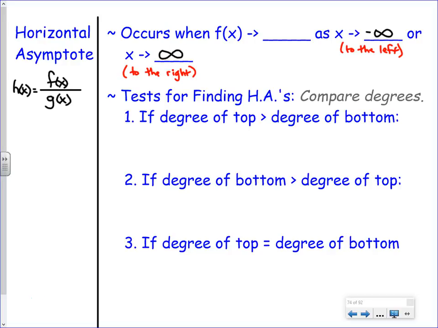What's different in the graph you guys just saw that made it have a horizontal asymptote? Where was it not going? It wasn't going up, it wasn't going down, it was getting closer and closer to, look at the graph.